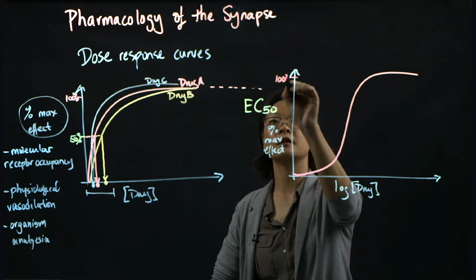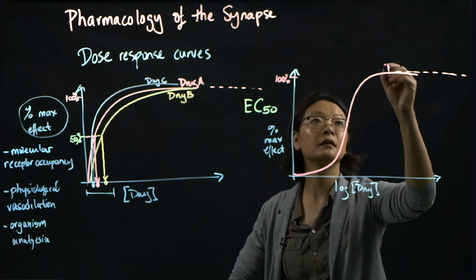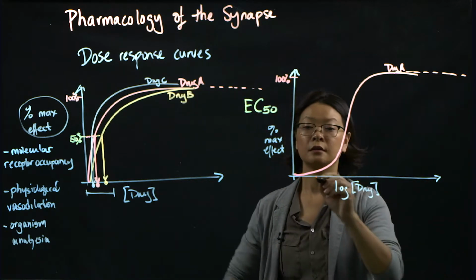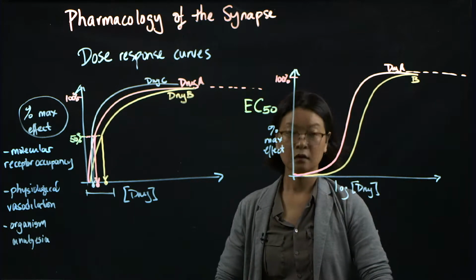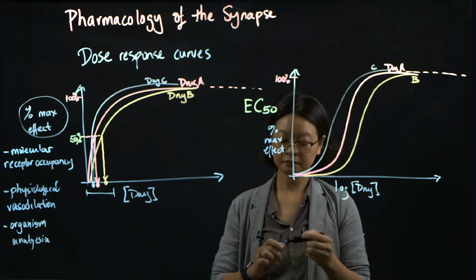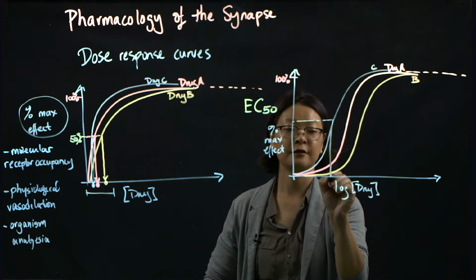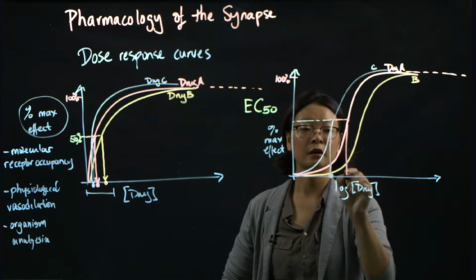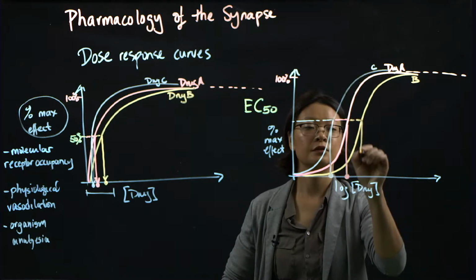Again, we approach 100% max effect, still approach an asymptote, and this is drug A. Drug B. And drug C. So now you can see it's much easier to estimate where your 50% is for each one of these drugs, and you have a larger range on the x-axis to use.